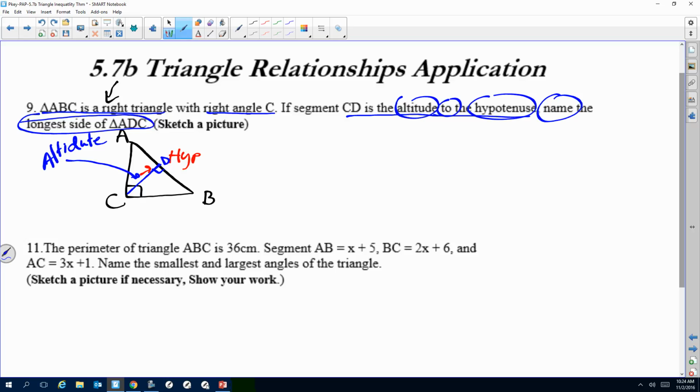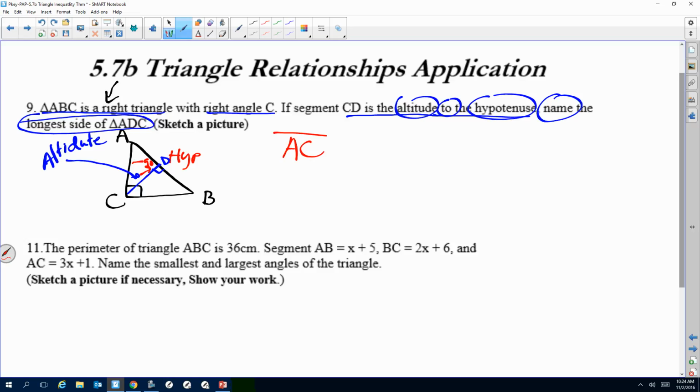Okay, so the question is, name the longest side of triangle ADC. Side, it's not one letter. Longest side of ADC. This would be 90. It would be AC.